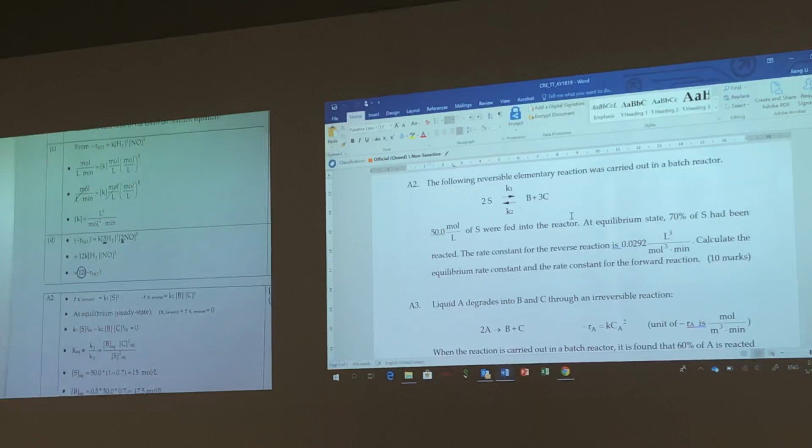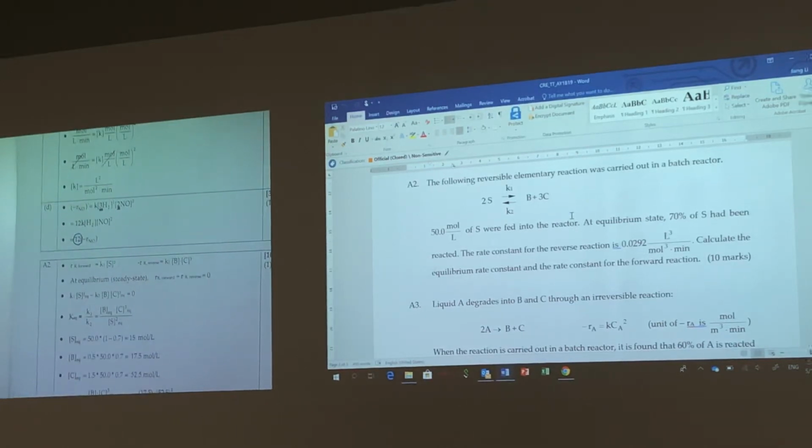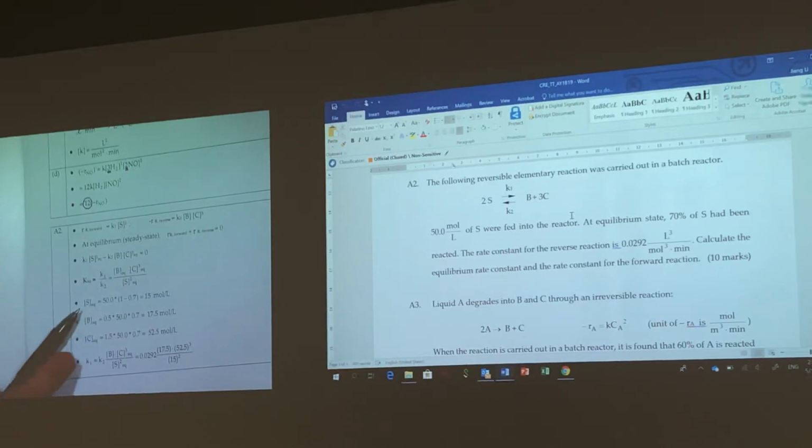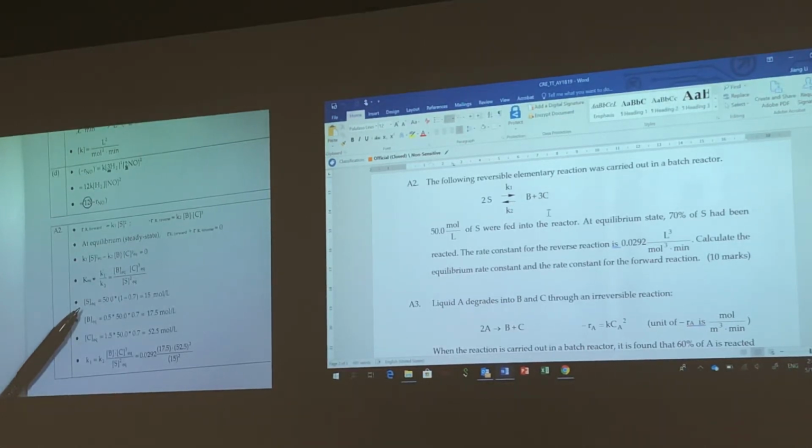Then the other one, some of you may be quite confused about how to find the correct equilibrium concentration. See here, 50 of S were fed into the reactor. So this is your initial. Then at equilibrium state, listen, 70% of S has reacted.